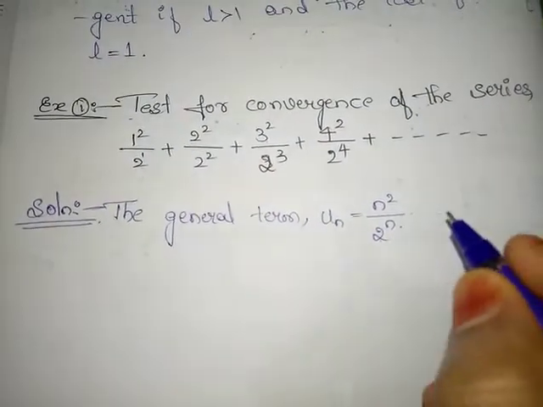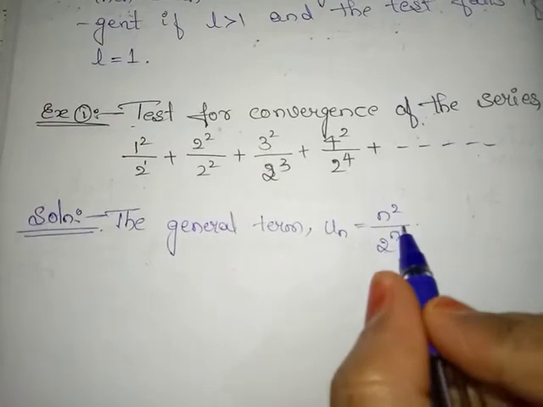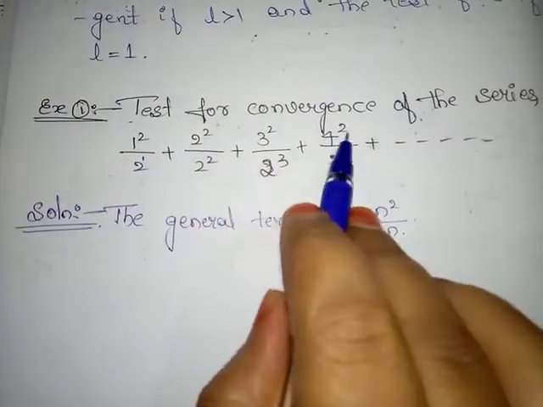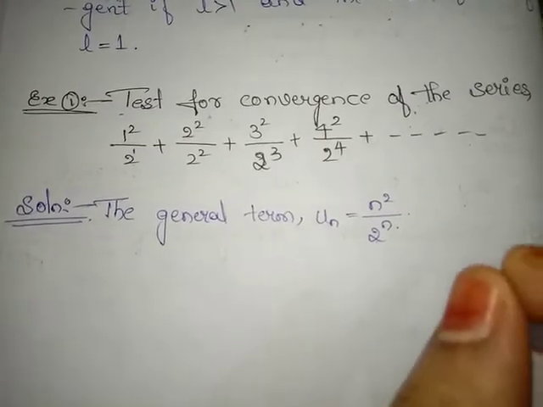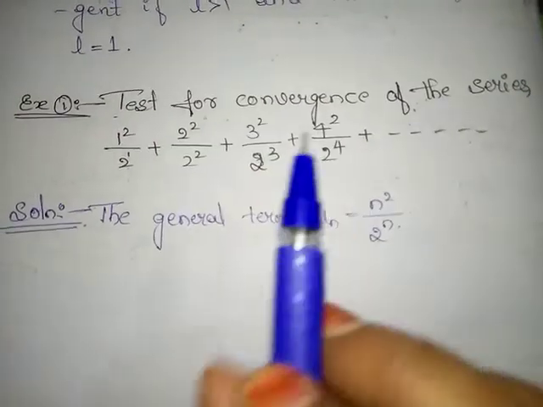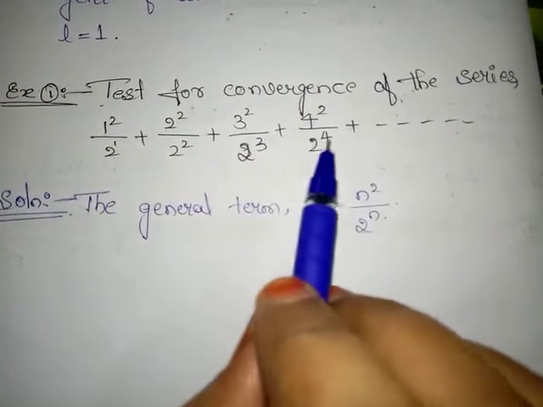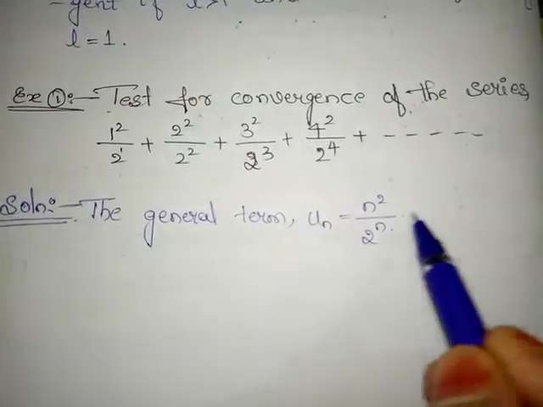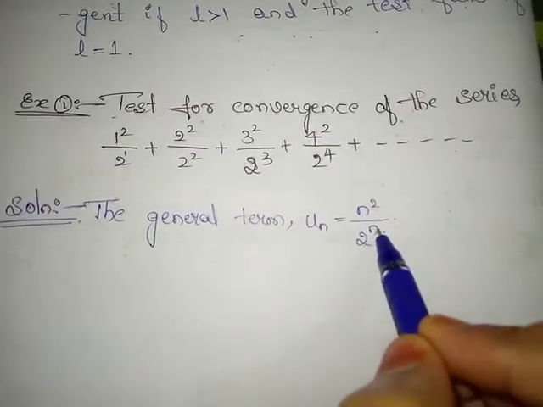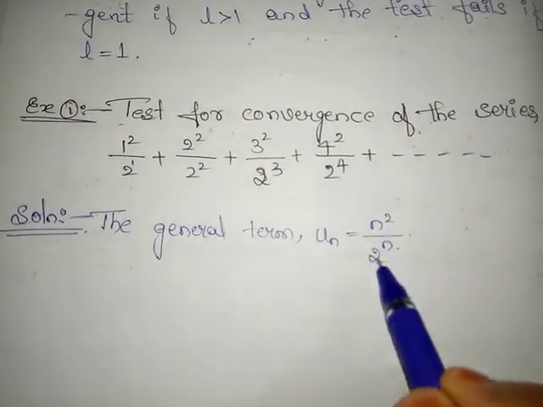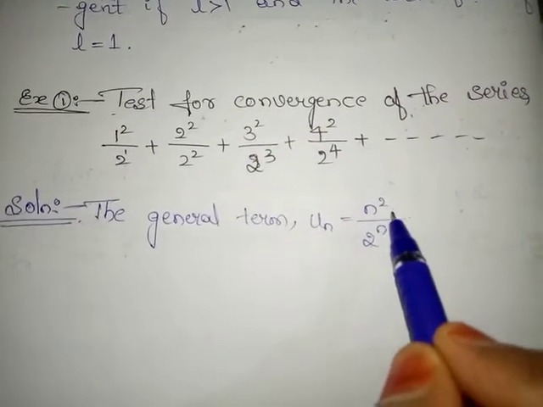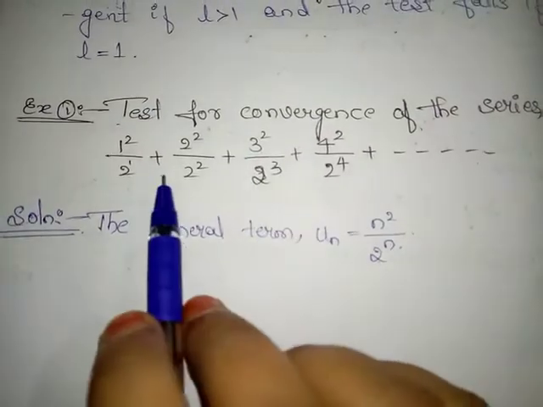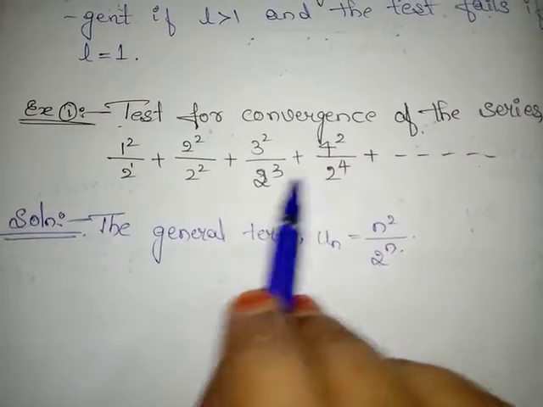While we are assuming these changing terms as n or anything, first check whether that assumption is satisfied for all the terms or not. We are not taking n square and 2 raised to n randomly. Before taking this, we have to cross check whether our assumption satisfies all the terms of this series or not.